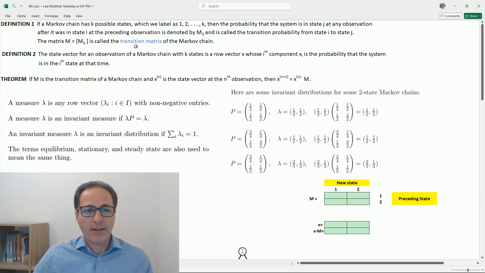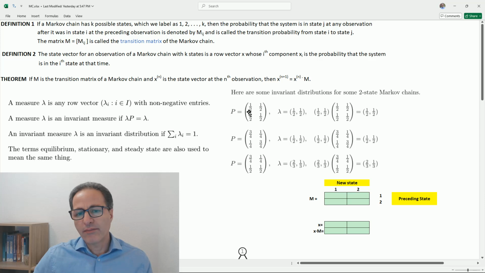But we may have another notation. We use this notation if we have the state vector as a row vector, like the one that we see here in these matrices. Matrix P, or the probability matrix, or the Markov matrix, here is a matrix whose rows have sum equal to 1.